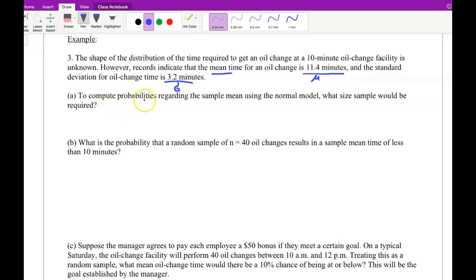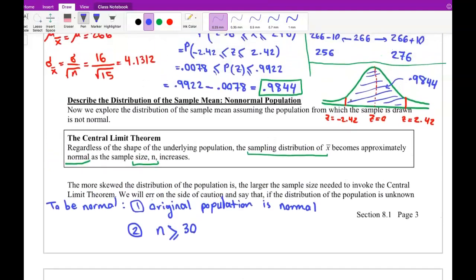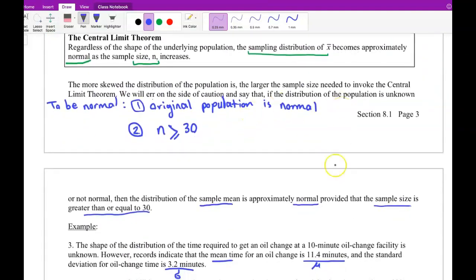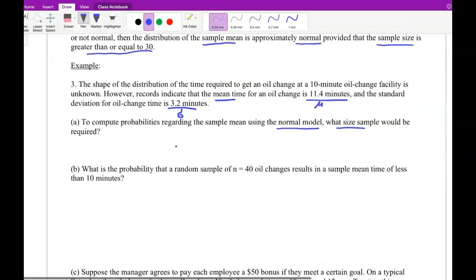Part A, to compute probabilities regarding the sample mean using the normal model, what sample size would be required? See, on this part, a sample size is not given. So based on what I said on the previous part, since the sample size was not given, if we want to have that normal, we should have a sample size greater than or equal to 30.